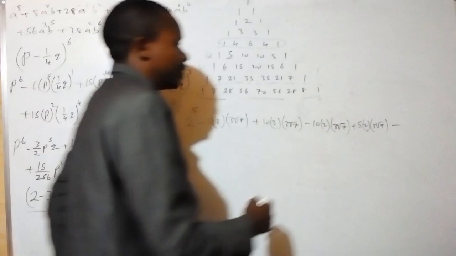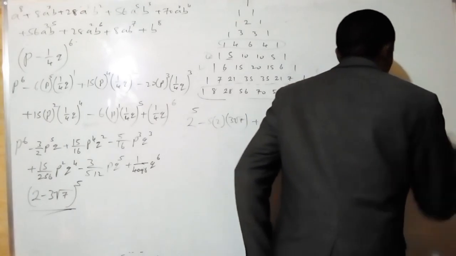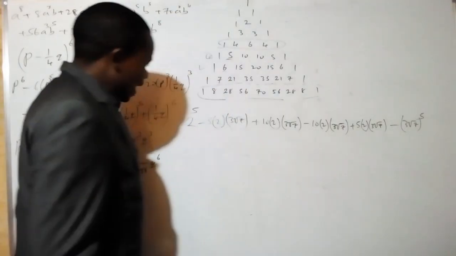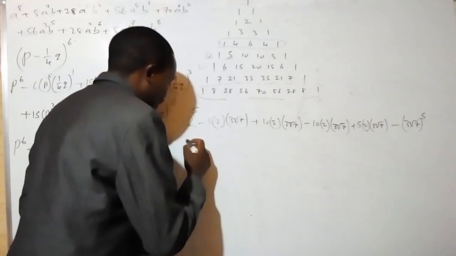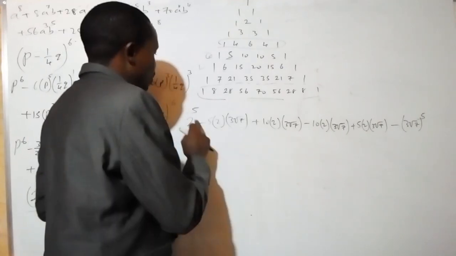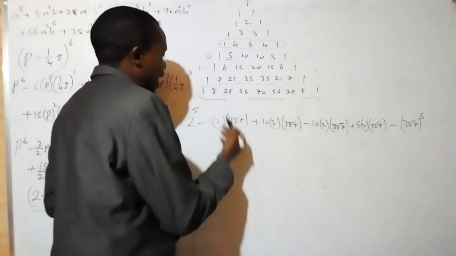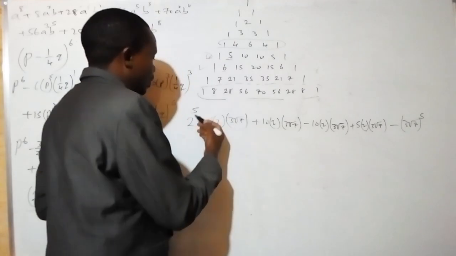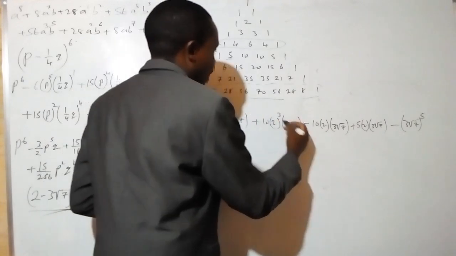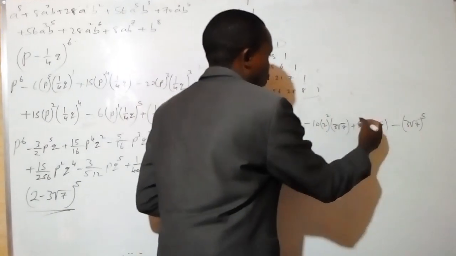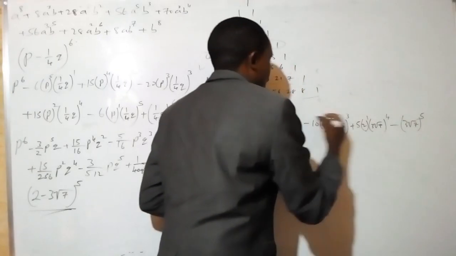Correct. Then after that you expand. 2 raised power 5 is 32. First of all, you put the order. Where we have 2, we have started with 2 raised power 5. Then we are going to descend. 2 raised power 5, then 4, 3, 2, 1, and for 3 root 7 it is 5, 4, 3, 2, 1.